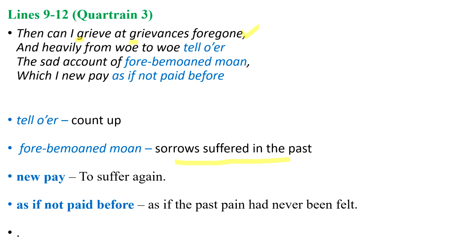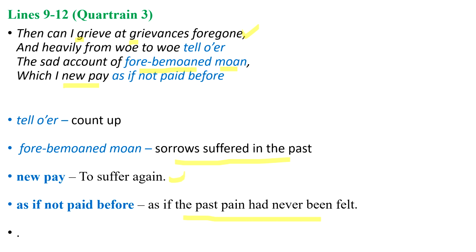Here, the sad account of fore-bemoaned moan. So sorrows suffered in the past, which I new pay, as if not paid before. New pay means to suffer again. So he is suffering again for past actions. He is crying, lamenting again for past actions, as if the past pain had never been felt.